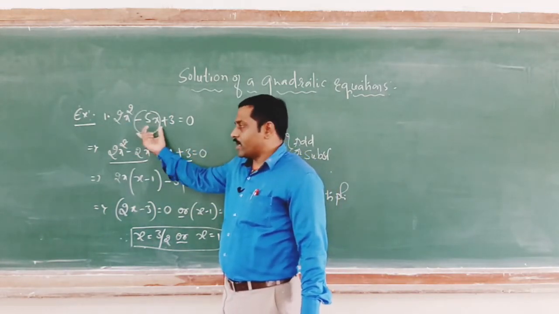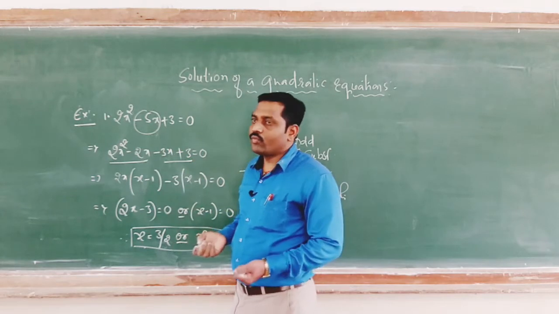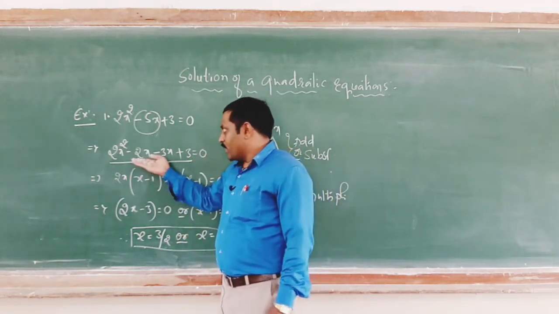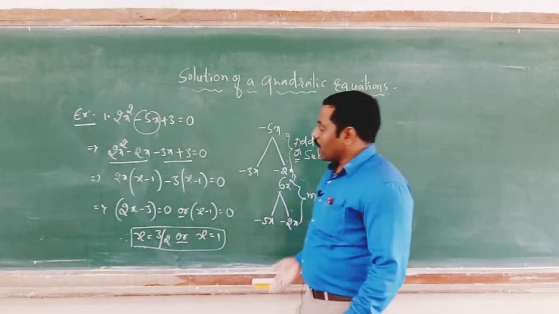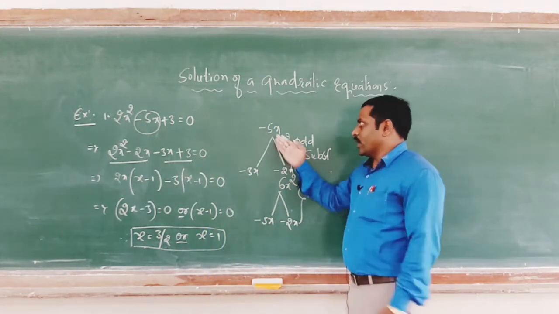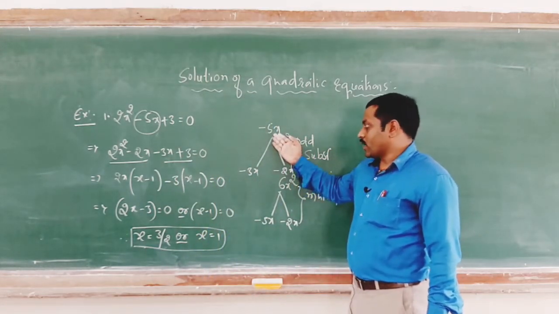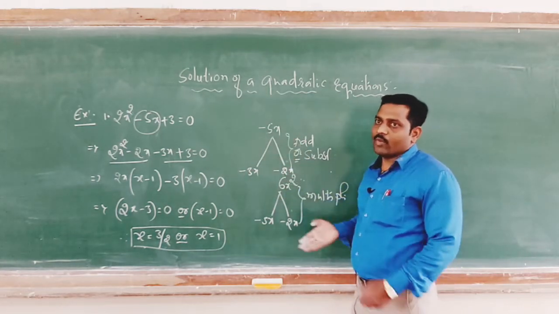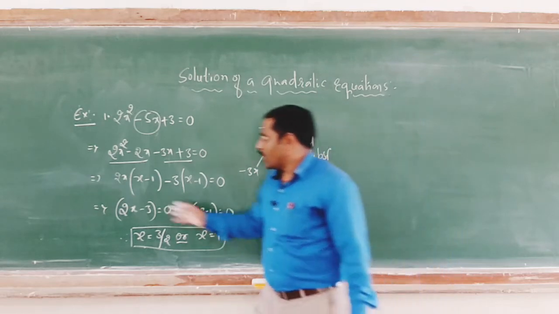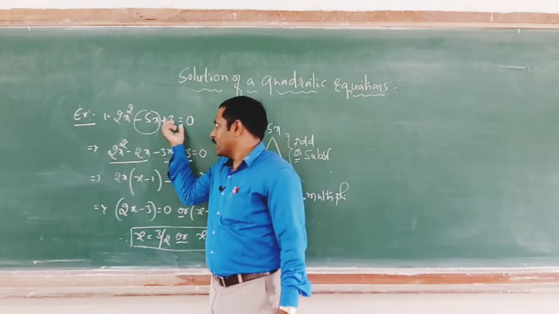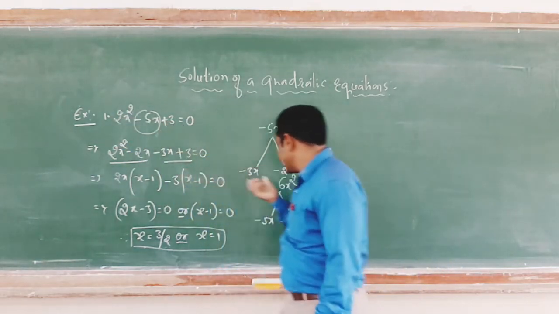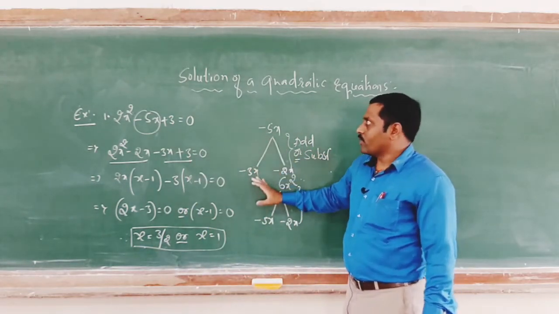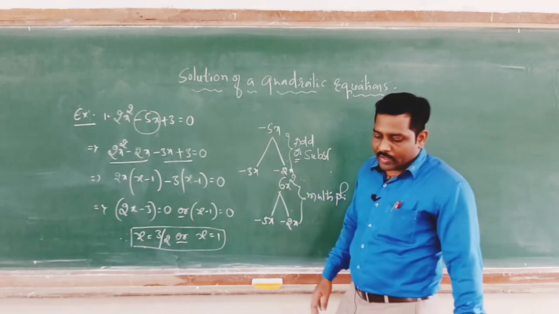The middle term is split, and the split terms added or subtracted give the middle term, and the same split terms multiplied give the product of the first and last terms, that is plus 6x square. This is the procedure for finding the solution of quadratic equations.